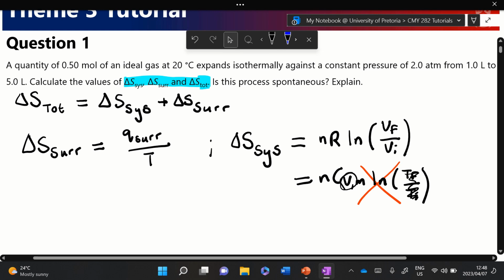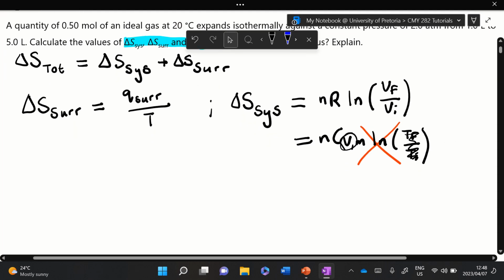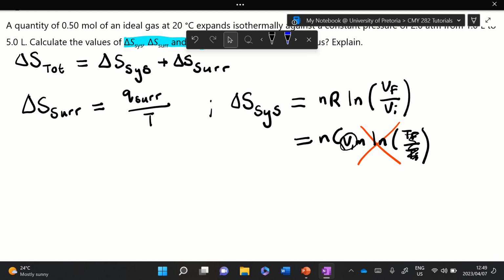It literally says we expand something isothermally at a constant pressure from 1 liter to 5 liter. Sometimes I think students don't really read the question. You have a gas in a cylinder and it is being expanded. See what's happening and it will help you analyze the question correctly.